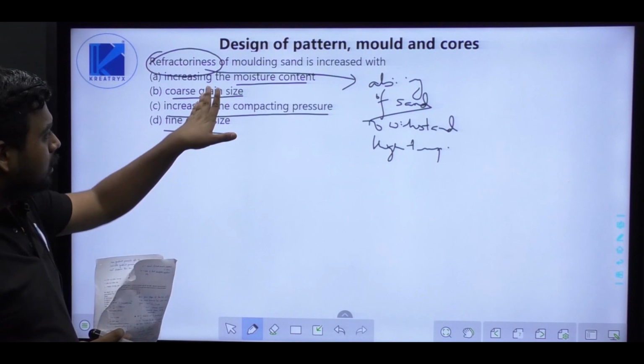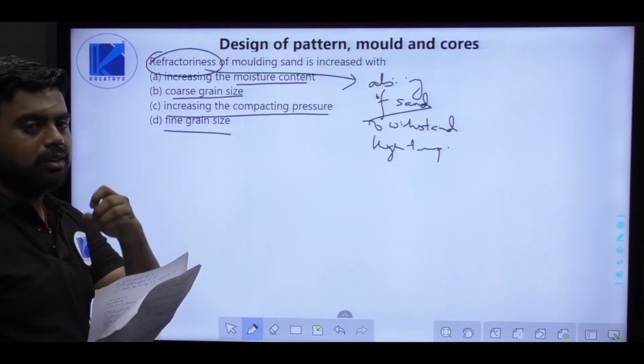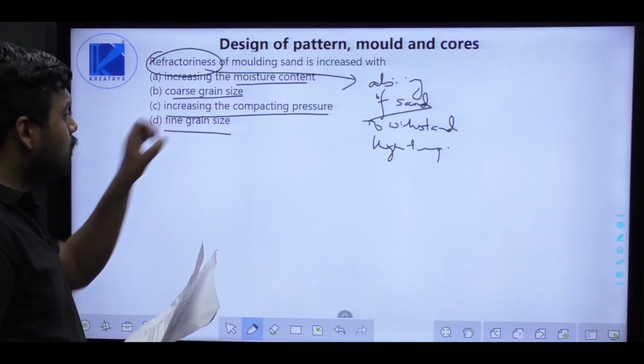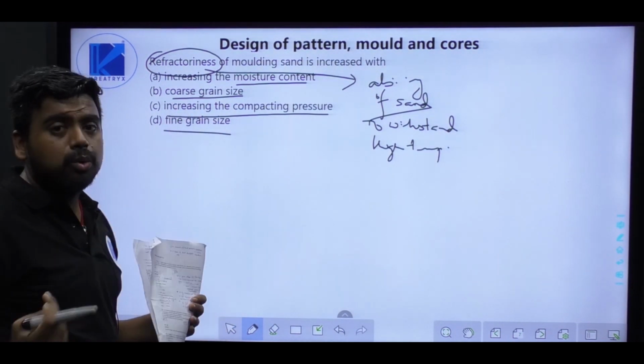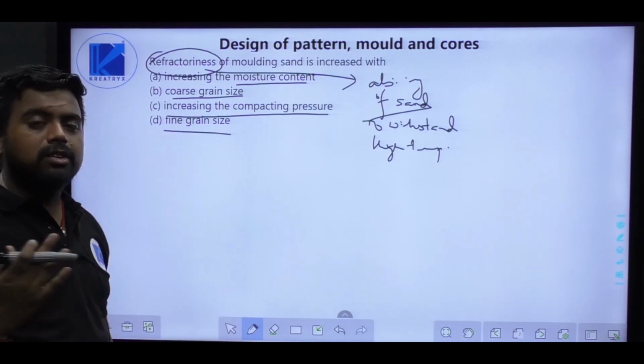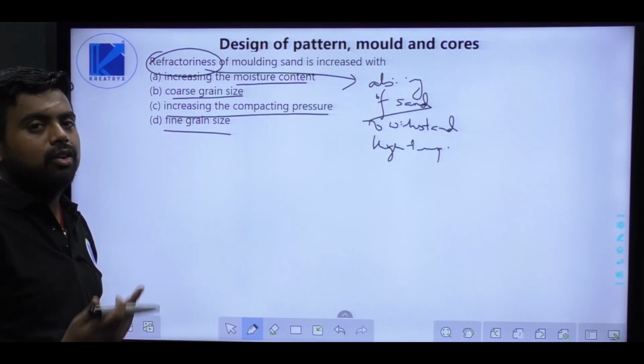Otherwise, if the option were other than grain size, they might not have given these options. So how does refractoriness vary? Basically, refractoriness depends upon the quartz content of the sand.